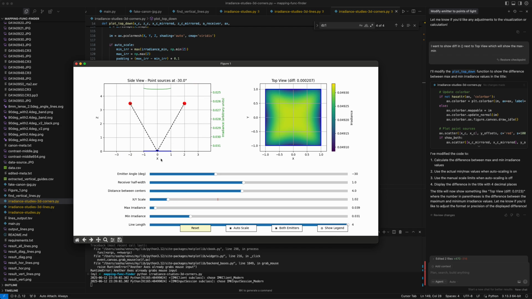The situation on X and Z is the same as previously. It's minus 30 degrees, and the distance is 4 units versus 1 unit of receiver. Now the line length is this y direction, and you can't see it here because this view only shows the plate itself.